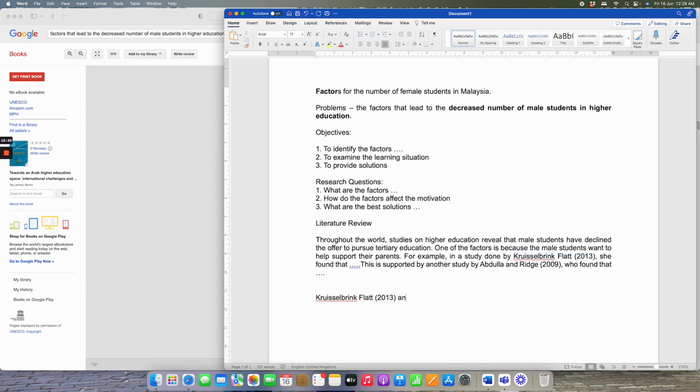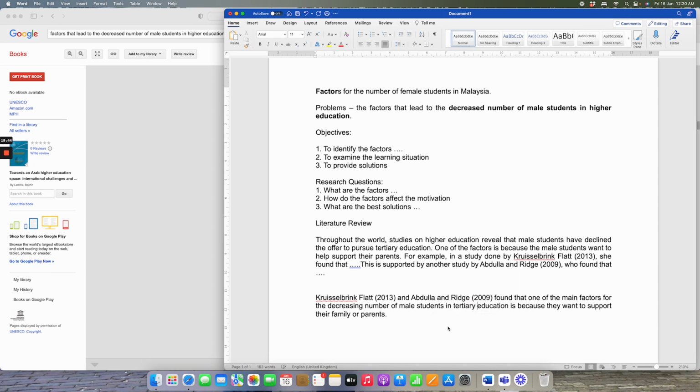Abdullah and Rich, 2009, found that one of the main factors for the decreasing number of male students in tertiary education is because they want to support their family or parents.